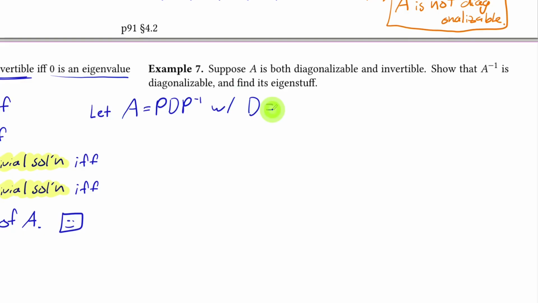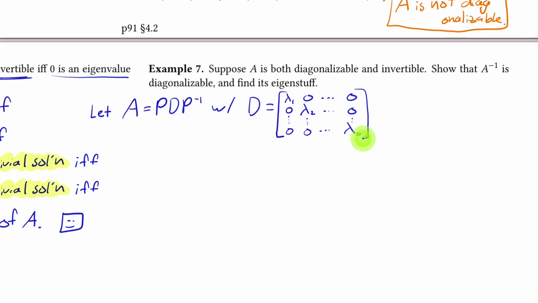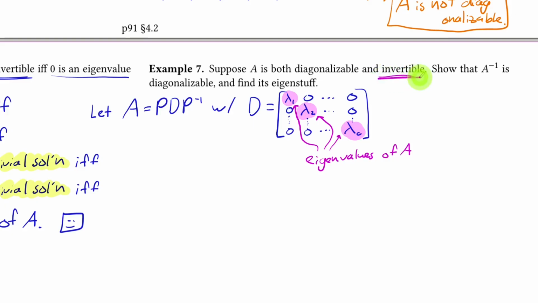And by the diagonalization theorem, we know that the diagonal entries in D are eigenvalues of A. And we also know that since A is invertible, we know those eigenvalues of A are not 0.